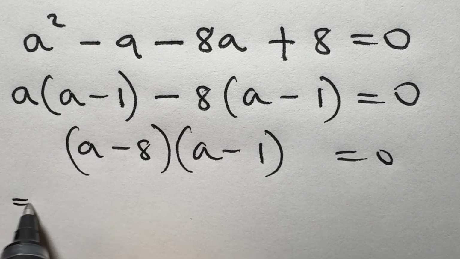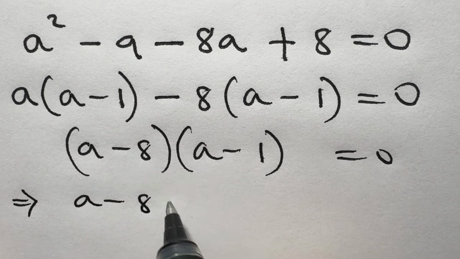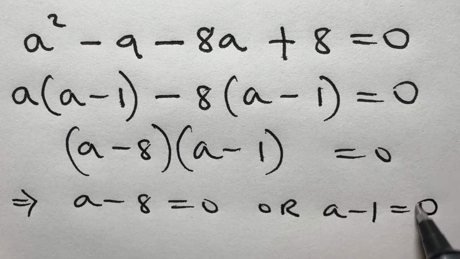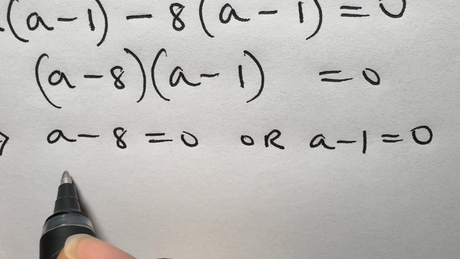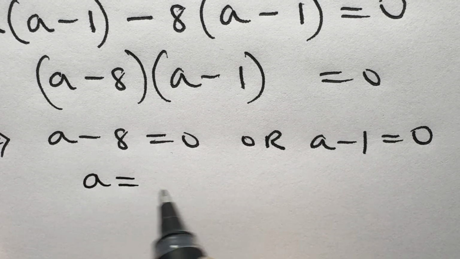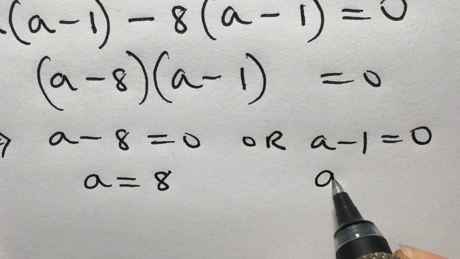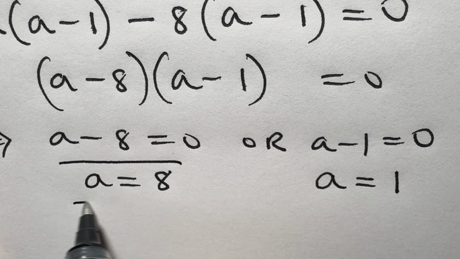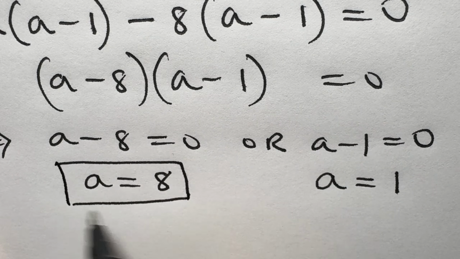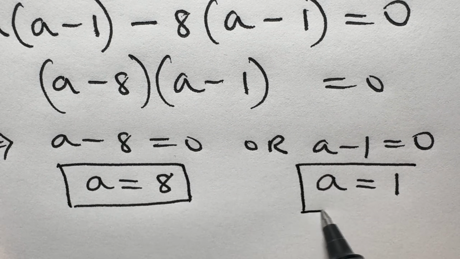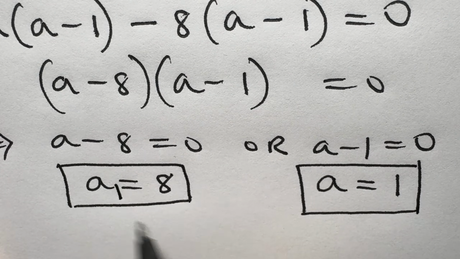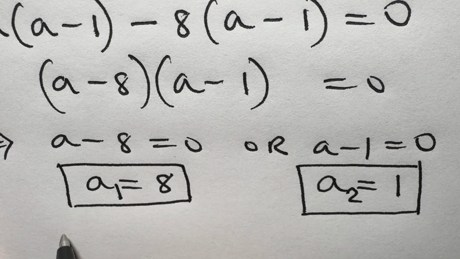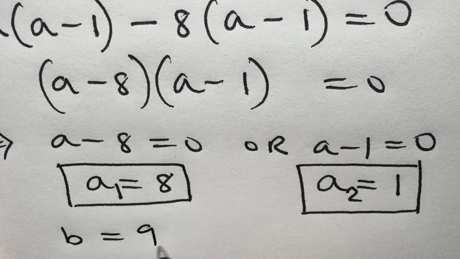Then this will imply that either a minus 8 is equal to 0 or a minus 1 is equal to 0. Then for the first one, a is equal to 8, and for the second one, a is equal to 1. So these are the two solutions for a. We will now go and get the corresponding values for b. Let's call this a1 and call this a2. Remember from equation 3, we said b is equal to 9 minus a.